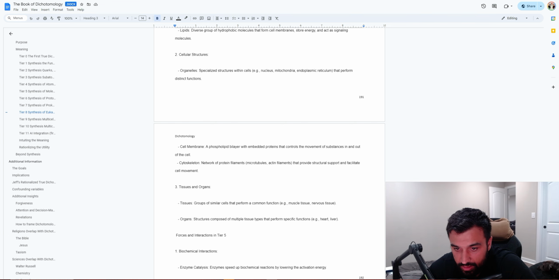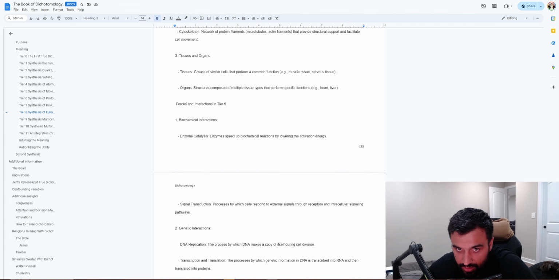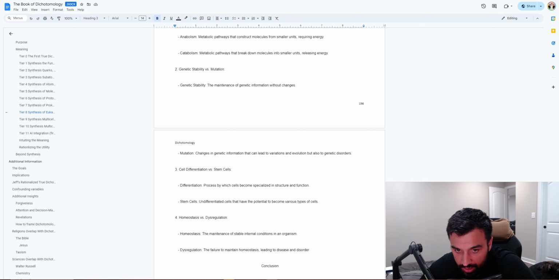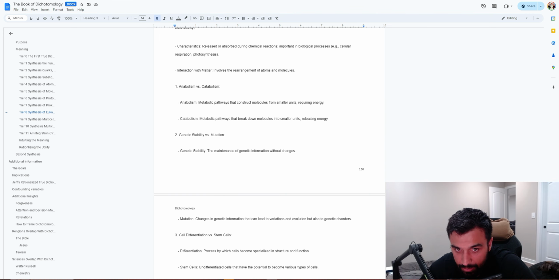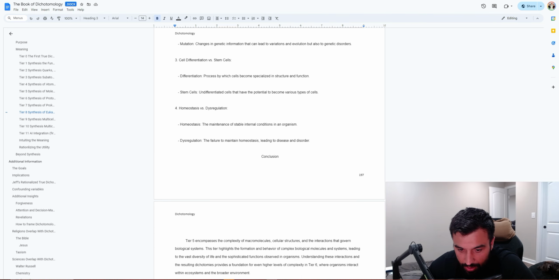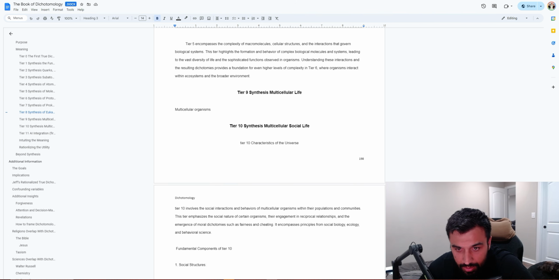They have all this crazy stuff that manifests as a result of their synthesis. All kinds of new true dichotomies, like metabolism. I guess those other cells have metabolism too, but just all kinds of stuff, like a central power or a centralized thing that keeps things together.